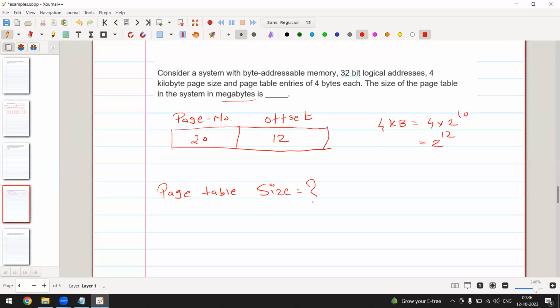See, page table is like this. For each entry, it contains a page table entry, right? So page table size is basically number of page table entries into size of page table entry.